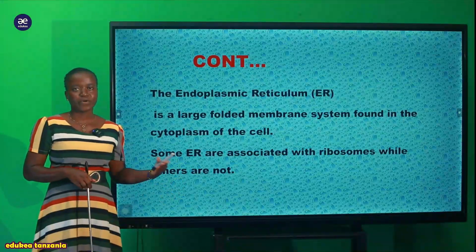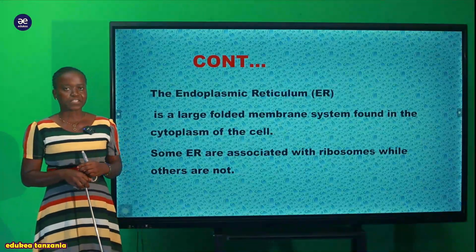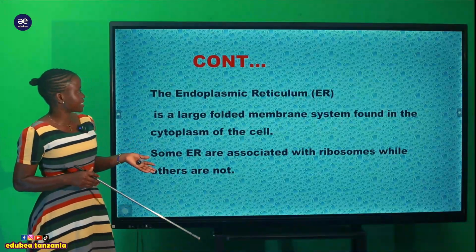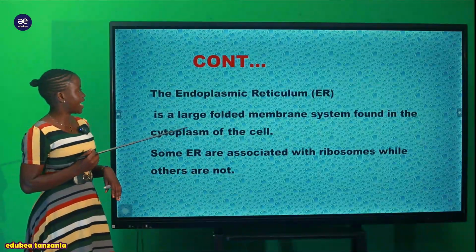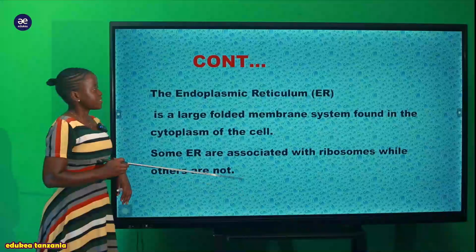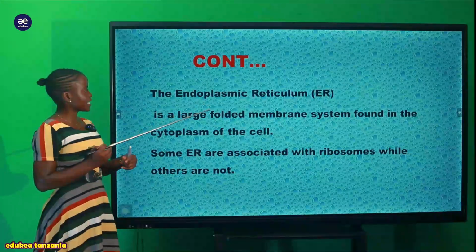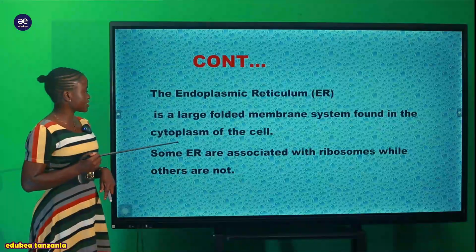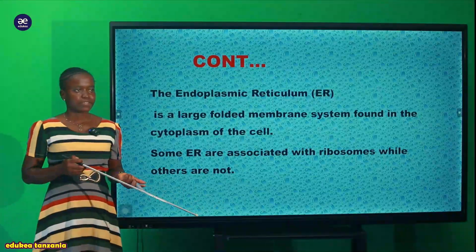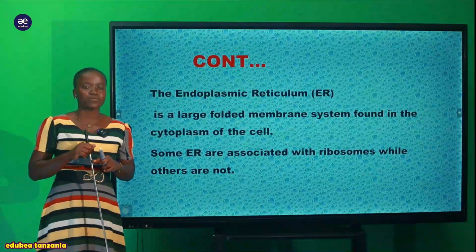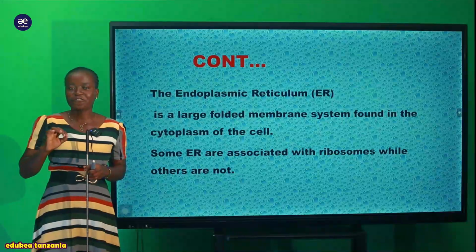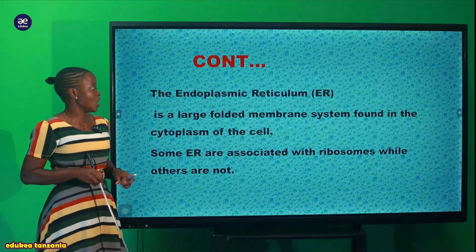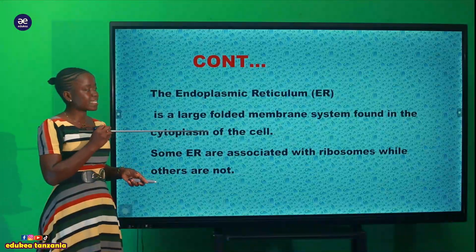What is it and what are its functions? The endoplasmic reticulum is a large folded membrane system found in the cytoplasm of the cell. We can say it is the folding of a membrane which is found within the cytoplasm.